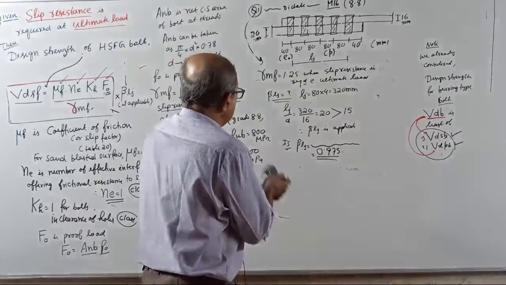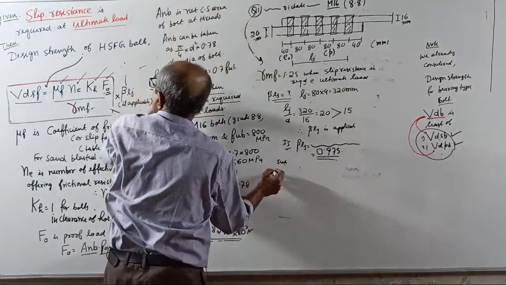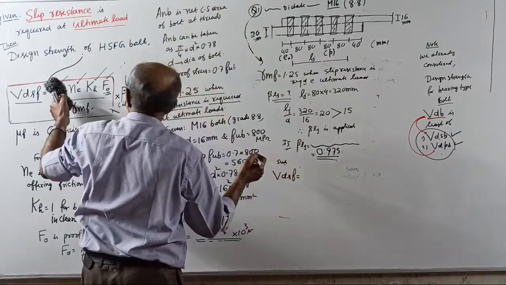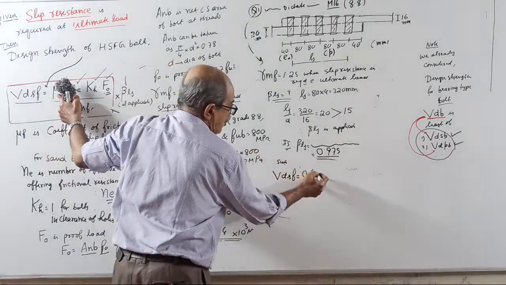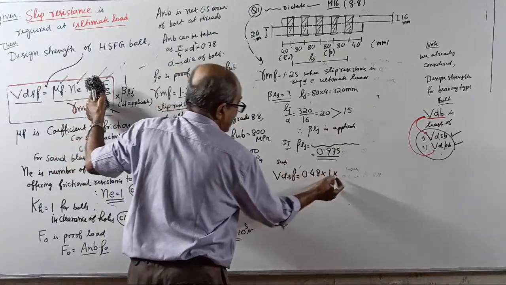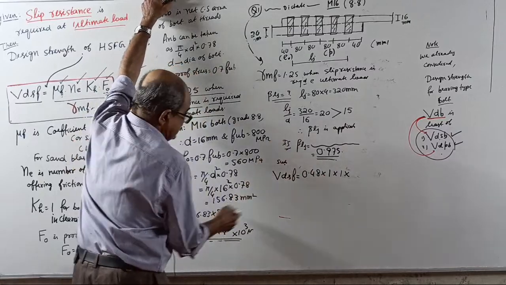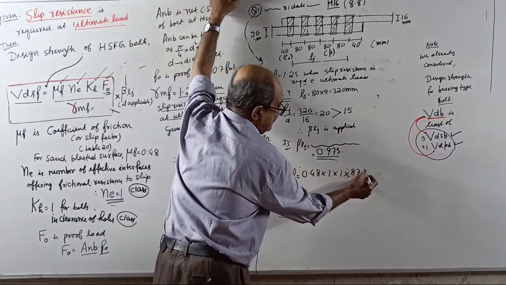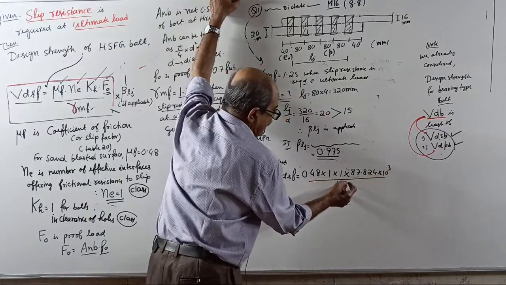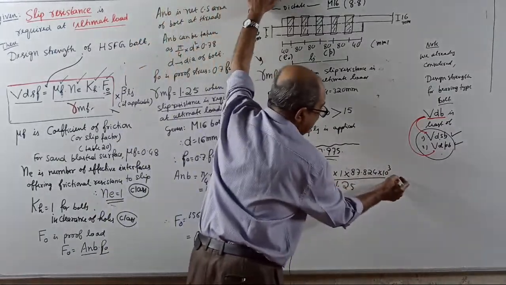Beta Lj is applicable. So substituting your V_dsf equal to mu f 0.48 into NE 1 into KH 1 into proof load 87.824 into 10 to the power 3, divided by 1.25, into the reduction factor applicable, 0.975.